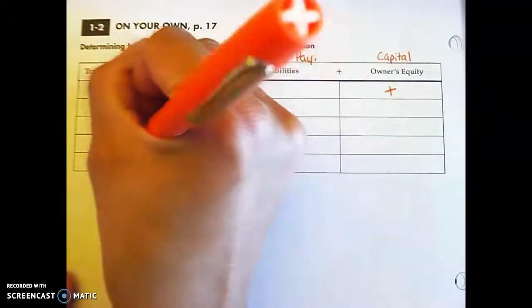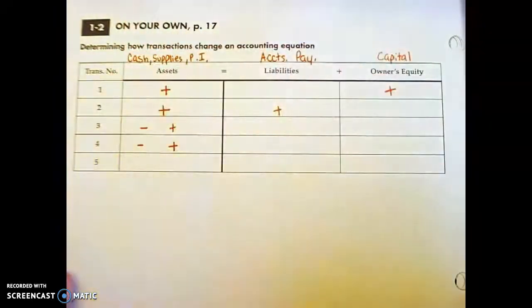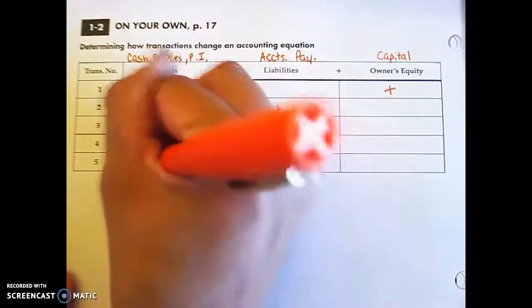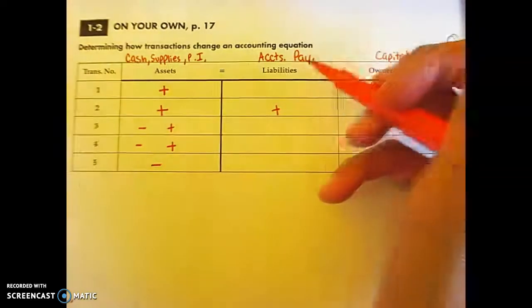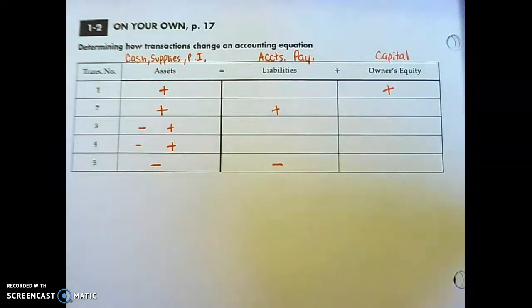We paid cash, so we're going to subtract from our assets, and our value of prepaid insurance is increasing, so that will receive a plus. And our last one, we paid cash on account. Since we paid cash, assets will receive a minus. And we're paying on account, that's where the money is going to. Since we are paying on account, the amount that we owe them is decreasing.